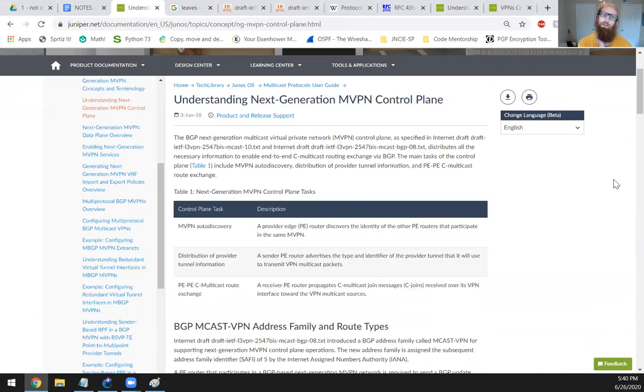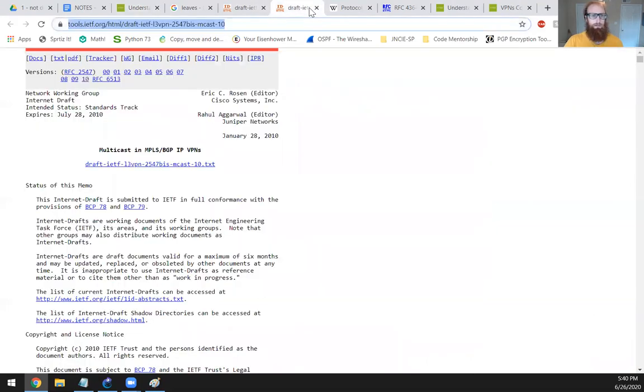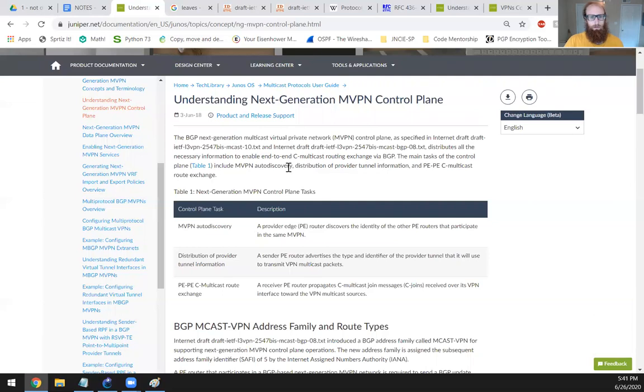The BGP next generation multicast virtual private network, MVPN, control plane as specified in Internet draft IETF L3 VPN 2547 BIS MCAST-10.txt, so this one here, and Internet draft IETF L3 VPN 2547 BIS MCAST BGP-08.txt.